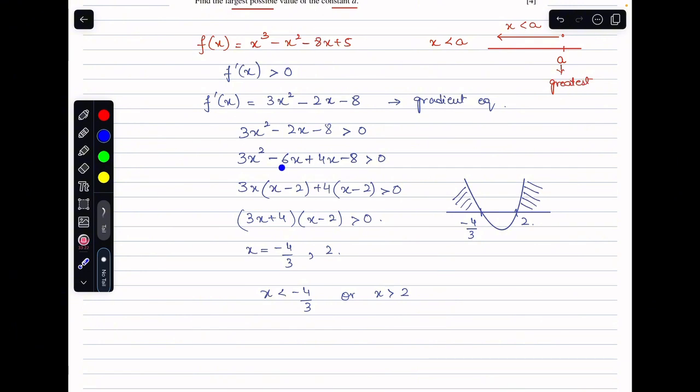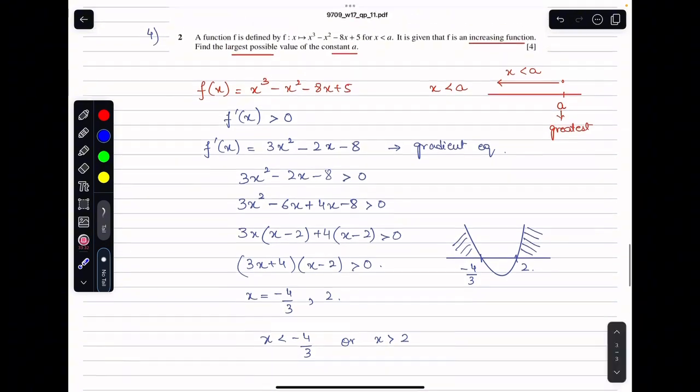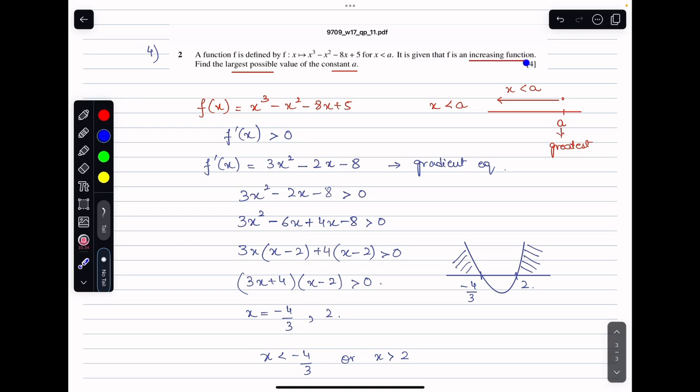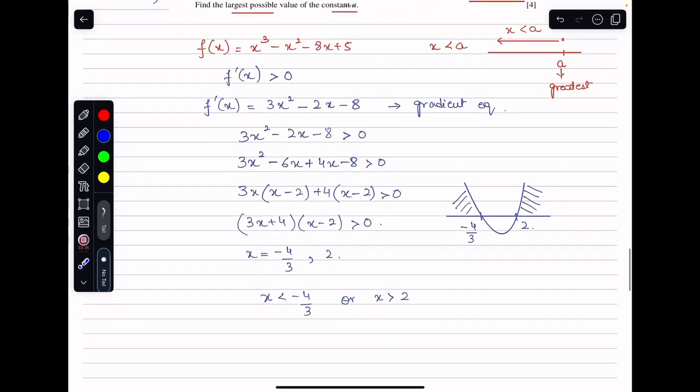This is the factorization, the middle term break for negative 6x plus 4x giving me a negative 2x, minus 8, which should be greater than 0. It should be greater than 0 because the question has said that it is an increasing function. After that, 3x is common from here.